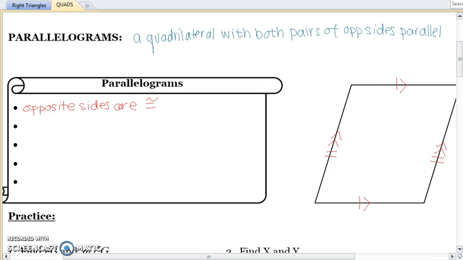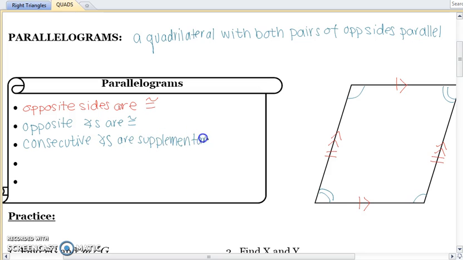In addition to that, we can say that opposite angles are congruent. And we can also say that consecutive angles are supplementary, meaning they add to 180 degrees.